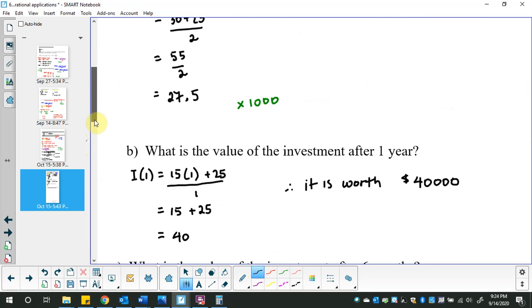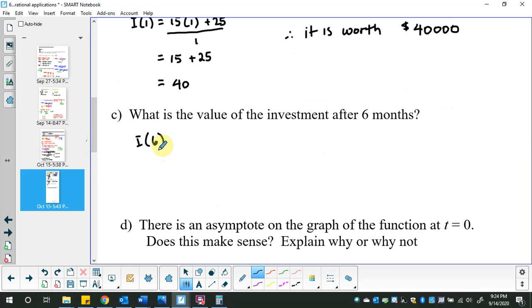And if you put 6 in where the t is, that means you're talking about 6 years as opposed to 6 months. So 6 months is really half a year. So I need to correct this mistake.